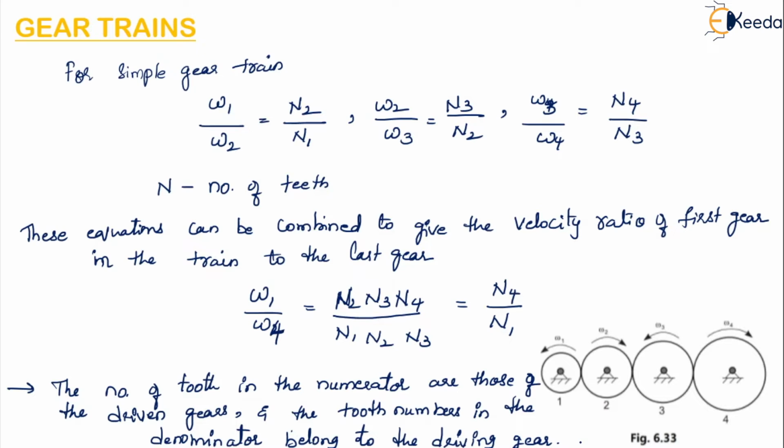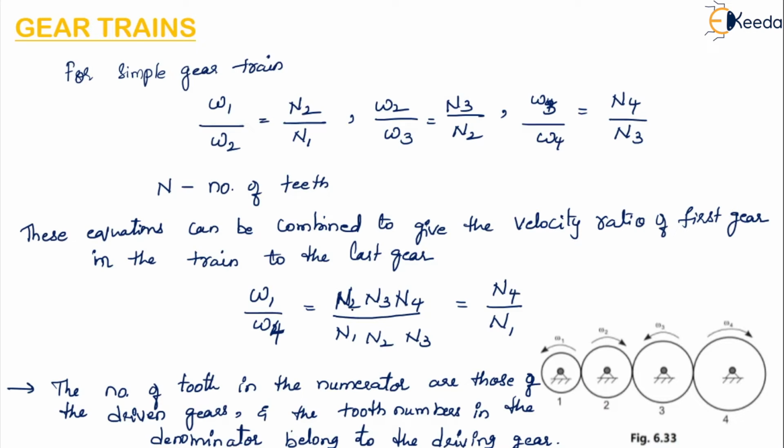Here we can see that gears number 2 and 3 are present in both the numerator as well as the denominator. Here it is n2 and n3, and here also it is n2 and n3. So they are both driver and in turn driven also.